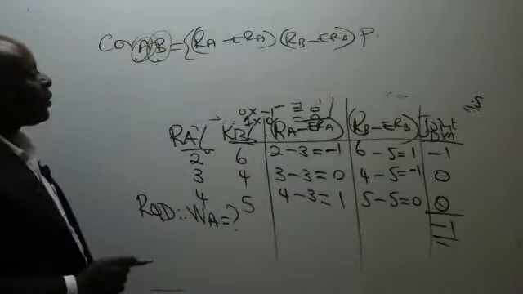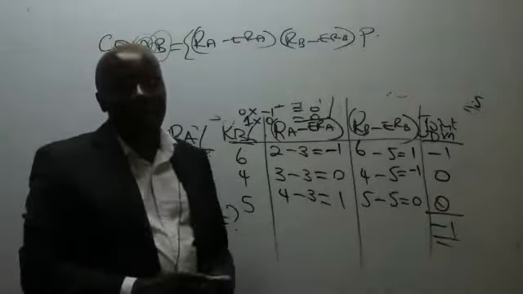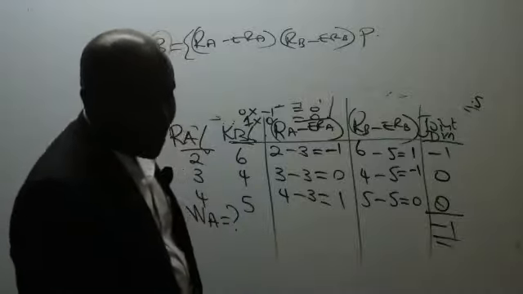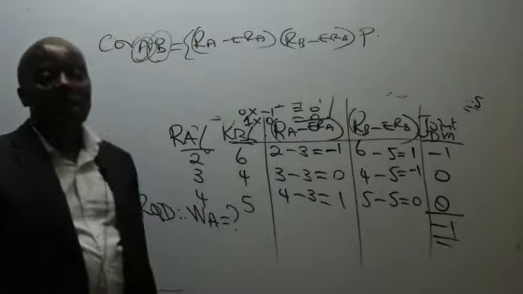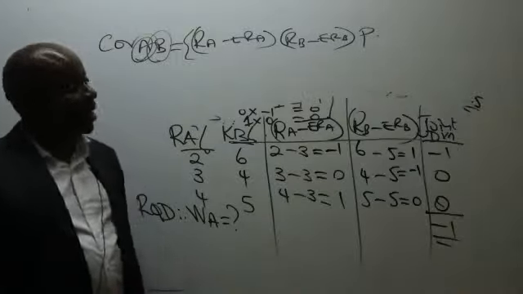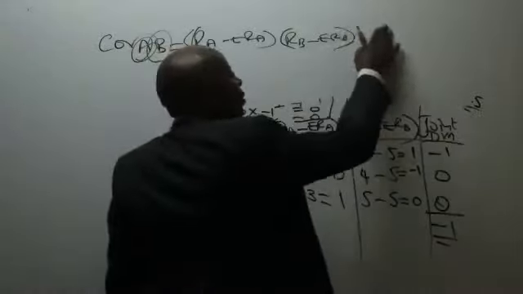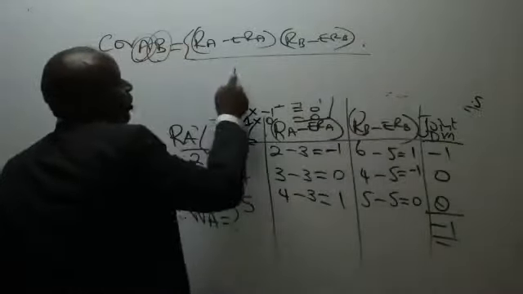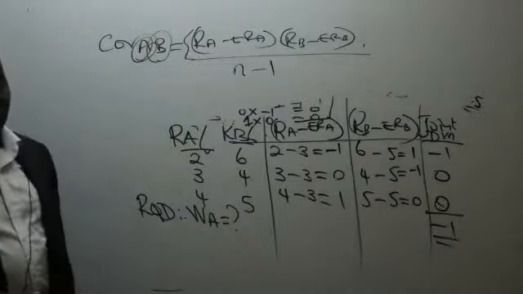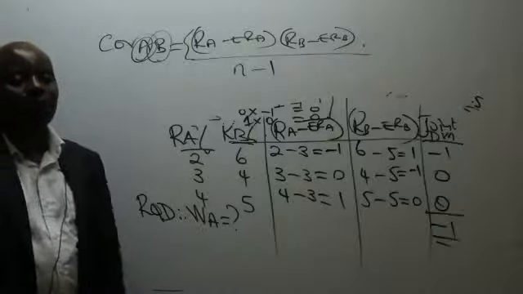But at times you will go to an exam and realize that probability has not been given. If that happens, I will not start crying. I'm not a crybaby. Whenever these probabilities are not given, just delete P there. But remember to substitute it with what here? N minus 1. So is that okay now?